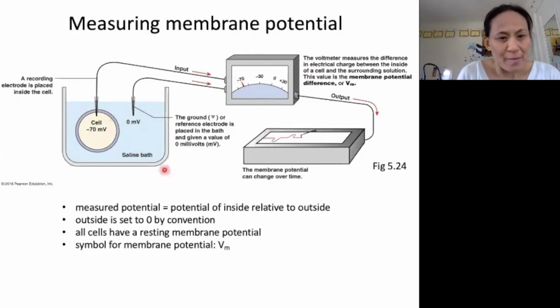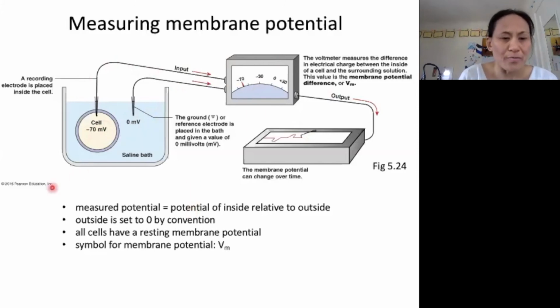We always set the outside of the cell equal to 0 millivolts by convention. That's our reference voltage, our reference potential. And whatever reading we get with the voltmeter tells us how positive or negative the inside of the cell is relative to that reference of the outside of the cell.